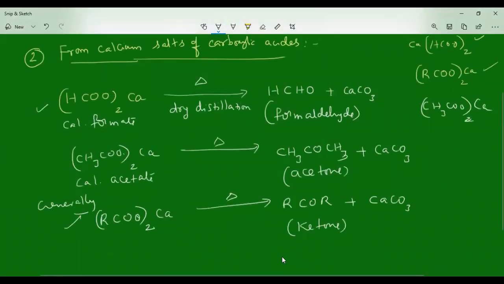You want to prepare formaldehyde, that is the first equation. Or else you want to prepare acetaldehyde, then you should take a mixture of calcium formate and the calcium salt of another carboxylic acid. So let us see that.